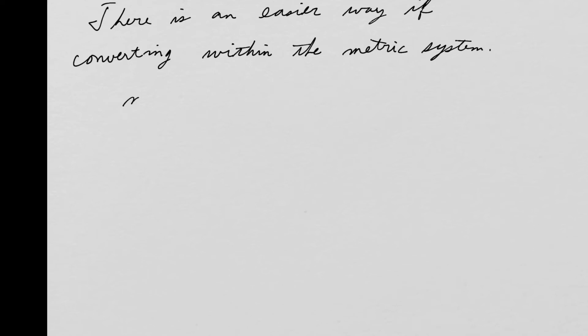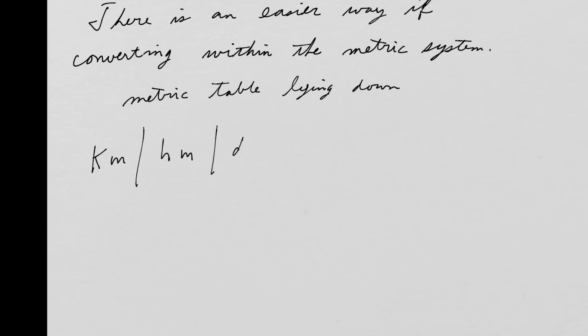So in other words, I'm going to put the largest unit first, kilometer, km. And then hectometer, hm. And then decameter, dam. Then the base unit meter. Then decimeter, then centimeter, and then millimeter.